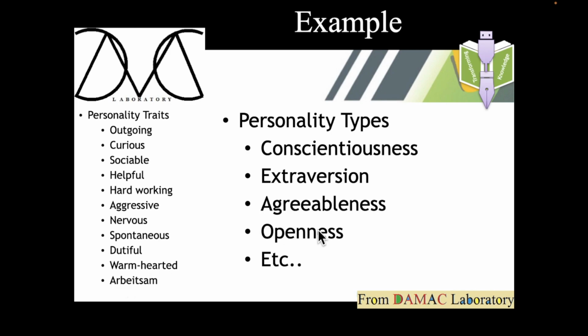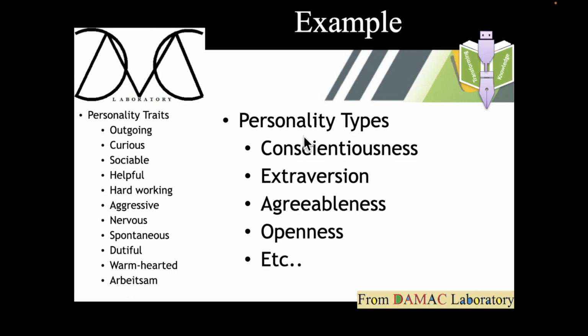These are the different personality types which actually depend on these personality traits. So if we have a data set of some set of humans on this field, we can reduce the data by combining a few of these terms into these, and then create a new data set with fewer columns, right?